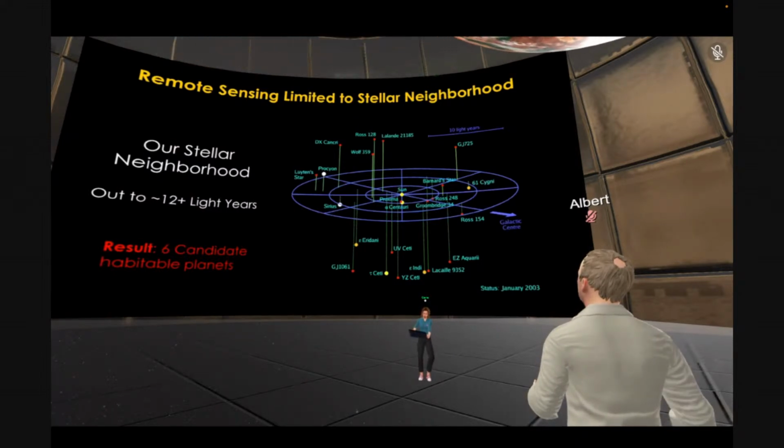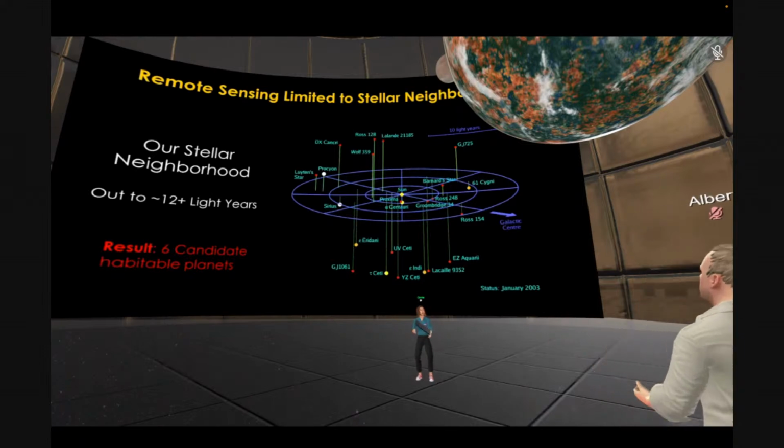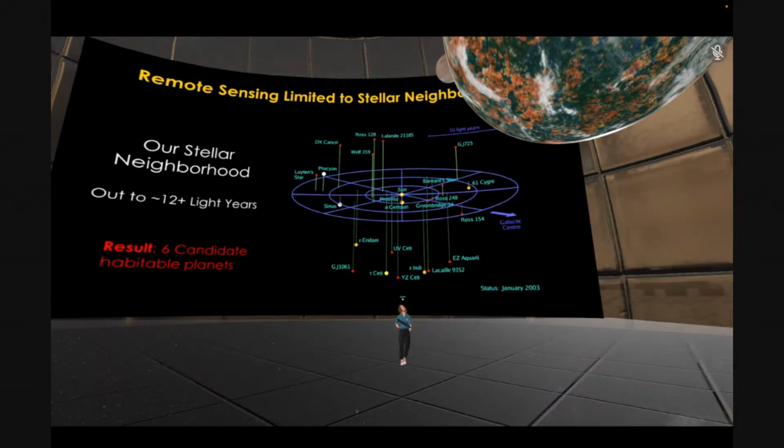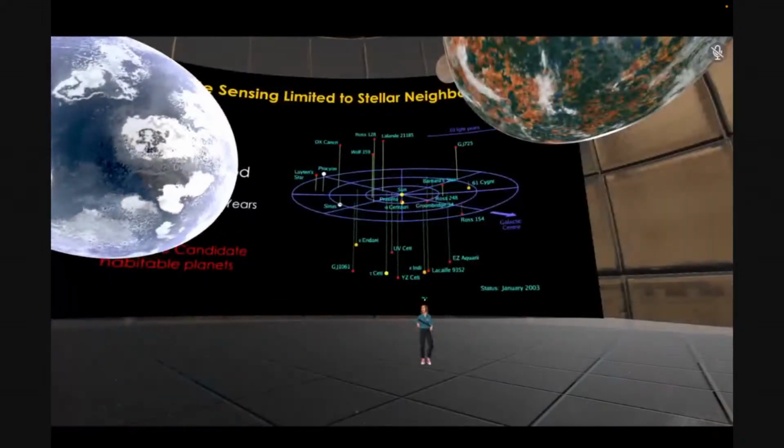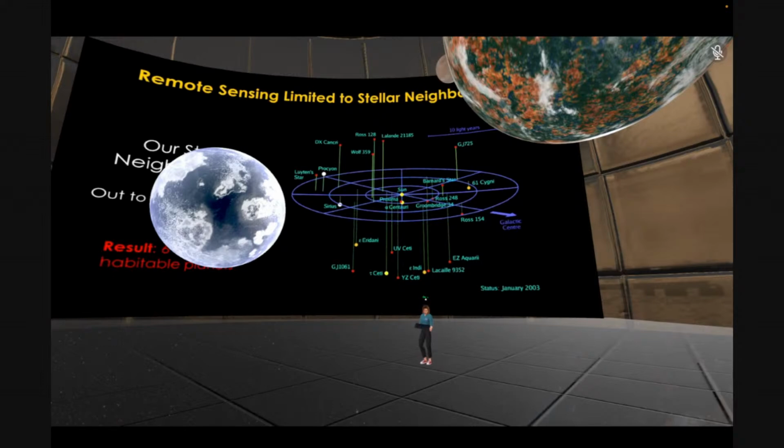Importantly, we don't necessarily know exactly what these look like. These globes that are appearing above me are candidate alien worlds, and they might look something like planets in our own solar system, or they might look completely unfamiliar to us. But again, we are looking for planets that are in that habitable zone relative to their own star where we think liquid water could exist.